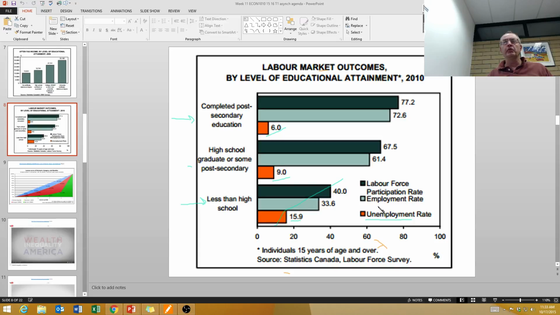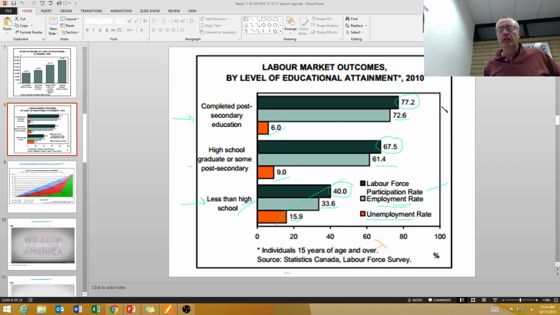And our employment rate increases as our level of education increases. If we have less than high school, our employment rate is about 34%. If we have high school or some post-secondary, about 62%, and completed post-secondary, about 73%. And our labor force participation rate also increases as our education increases. Less than high school, it is about 40%. With high school or some post-secondary, it is up to about 68%.